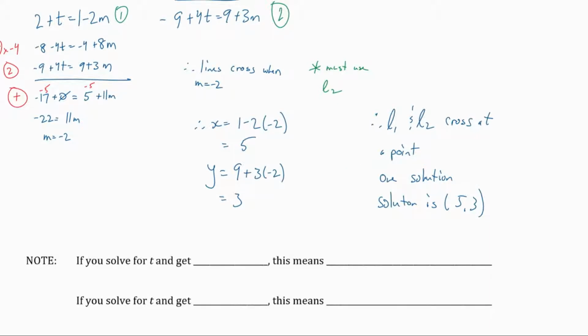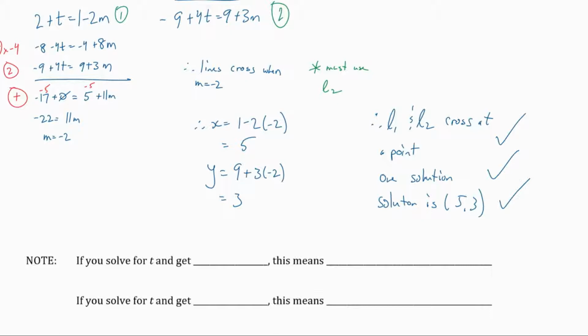Give a geometric interpretation, state how many solutions, and if there is a solution, what is it? 1, 2, 3. In some cases, we're not going to have all three parts because there might not be a solution, but that's the goal for these questions in general, is often to give all three of those parts as my solution.